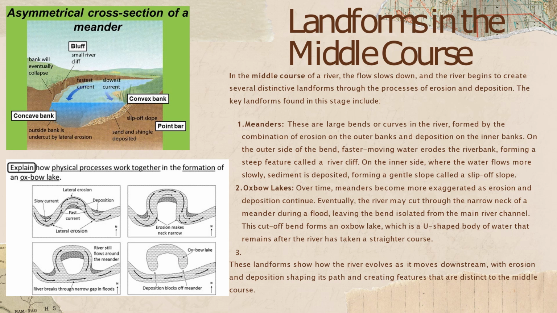As the river continues to erode the outer bank and deposit material on the inner bank, the meanders become more pronounced. Over time, a meander can be cut off from the main flow of the river, forming an oxbow lake, which is a U-shaped body of water separated from the river.